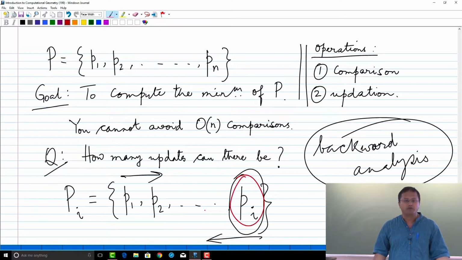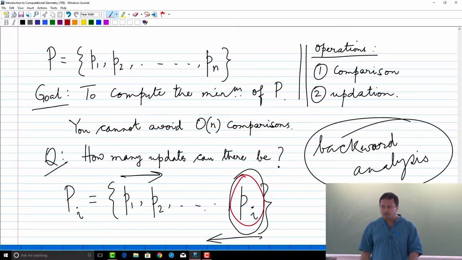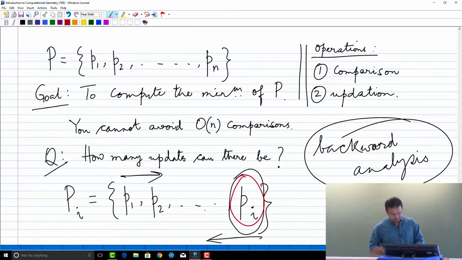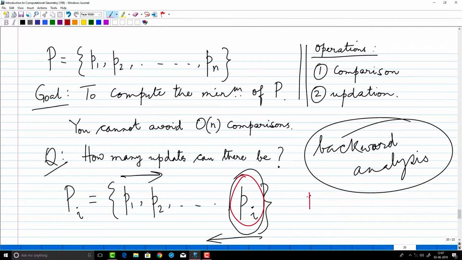What is the probability of that? Mind you, I made an assumption that all numbers are distinct. So, what is the probability of that? 1 by i, good. So, as your i keeps increasing, this probability is decreasing, right.